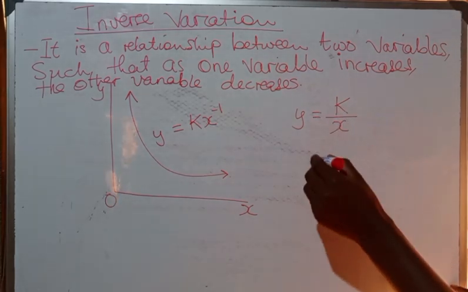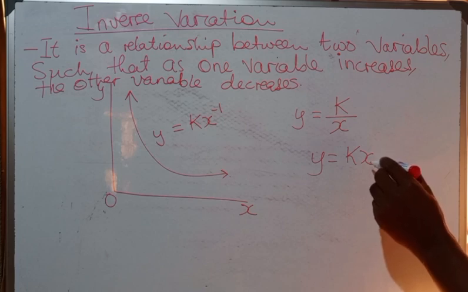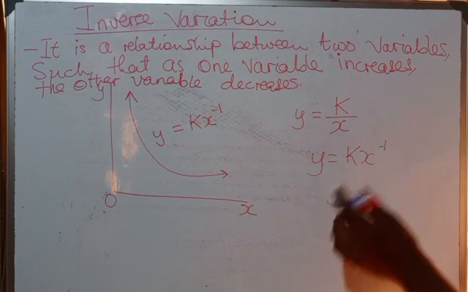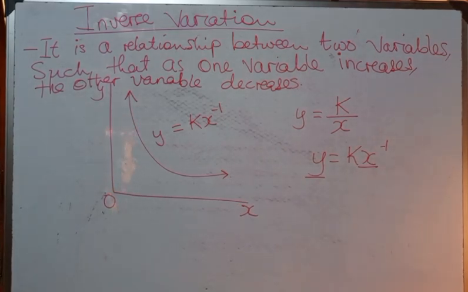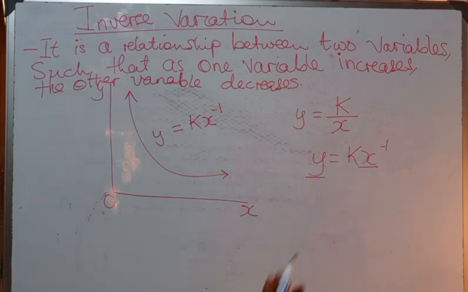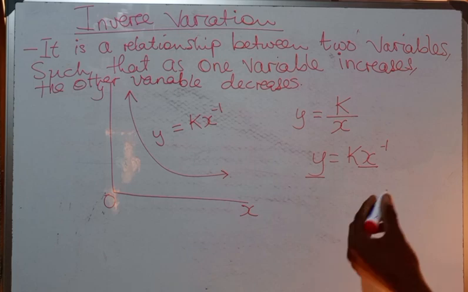Because the normal equation is y is equal to kx to the power -1. By the way, the variables may change. We may not always have x or y. We may have even p and q. We may even have other alphabetical letters and also symbols.